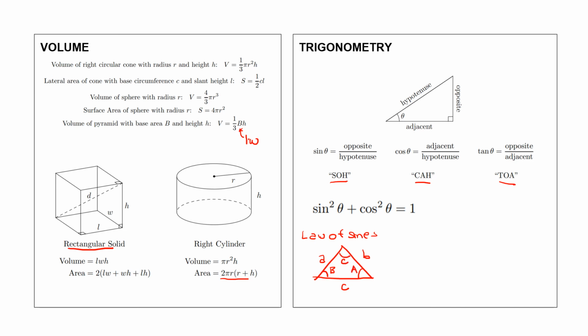So we know that in the law of sines, A over sine of angle A equals B over sine of angle B equals C over the sine of angle C.